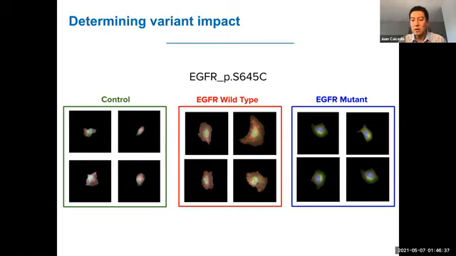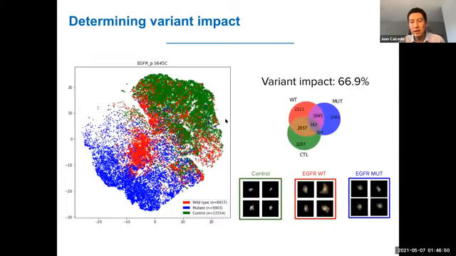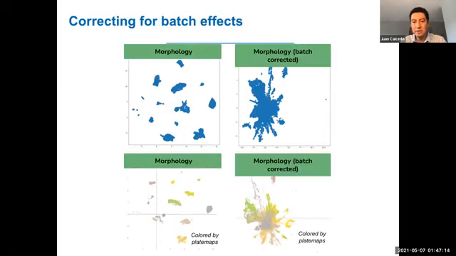So in this case, we compare the original type of the gene versus the mutant just by looking at images again, and we can see that there is a difference just by eye. The question is, how can we quantify it? And we can compute features, we can compare populations of cells. In this case, the blue, red, and green populations are being compared, and we can measure what is the phenotypic similarity between those in order to estimate whether the mutant is really driving the cancer or not. So this is another application of measuring cell morphology.